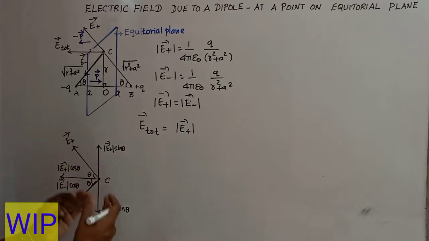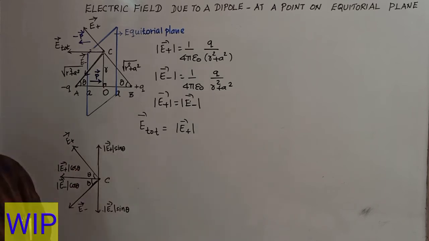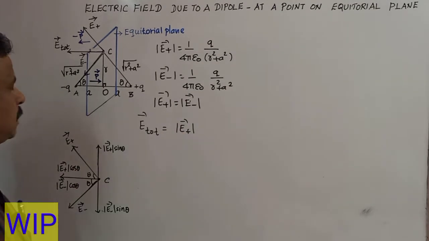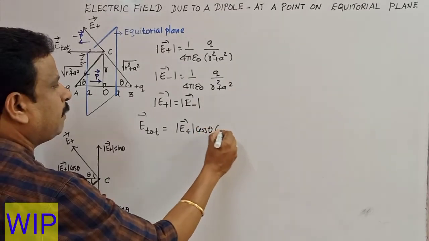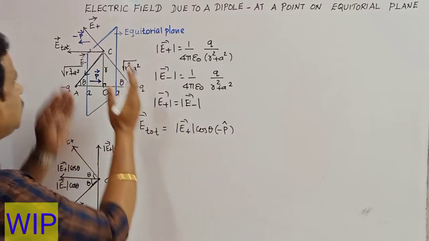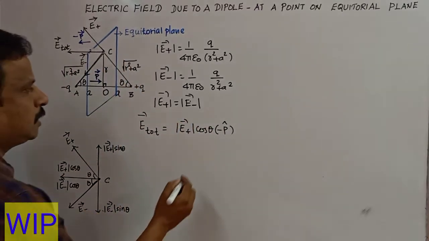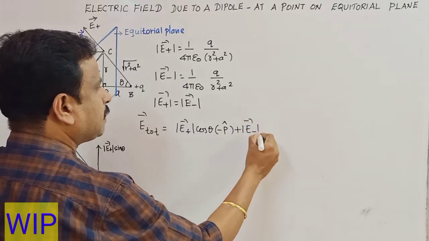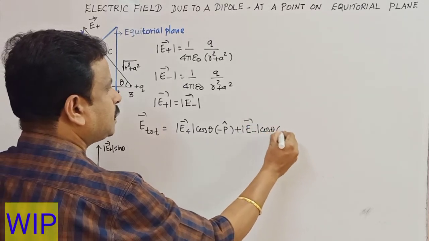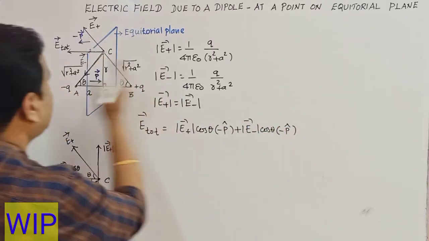The main contribution to the electric field is from the horizontal cos components. So modulus E plus cos theta, what is the direction? Minus p cap, because it is along the negative x-axis, plus modulus E minus cos theta, which is also along the negative x-axis.